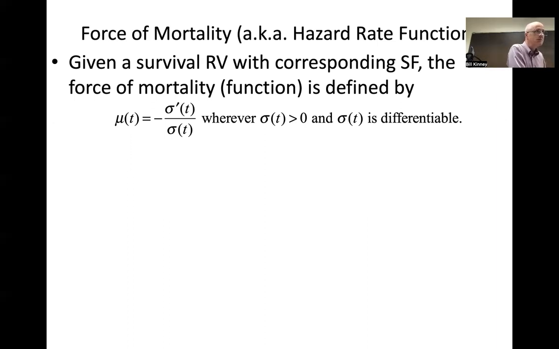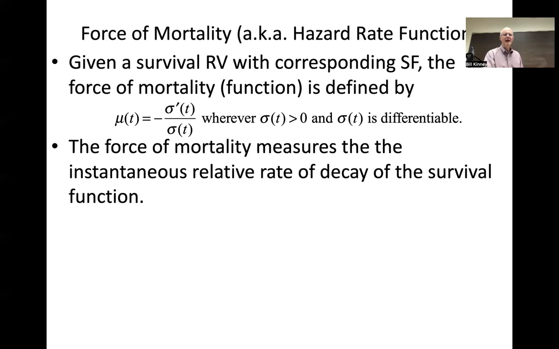Could be zero sometimes. And what is it representing? It measures the instantaneous relative rate of decay of the survival function. To be official about it. Why? And what does that mean?